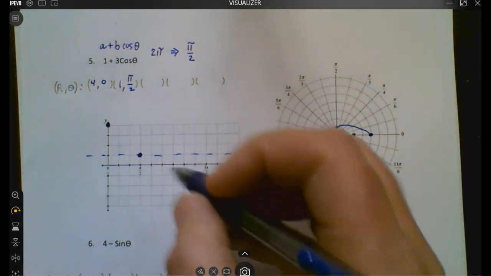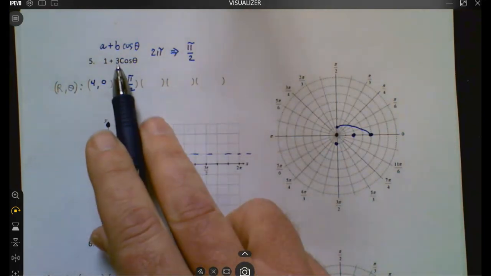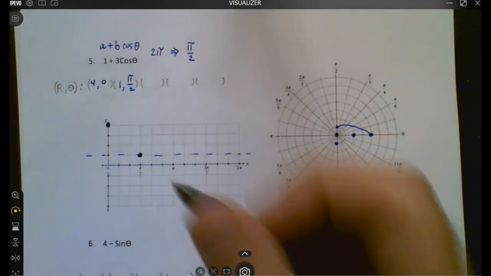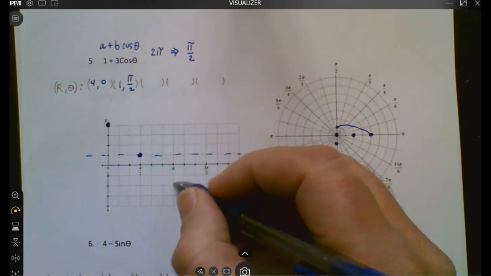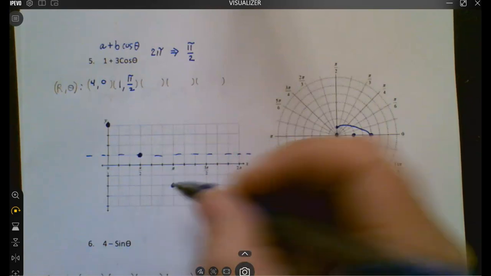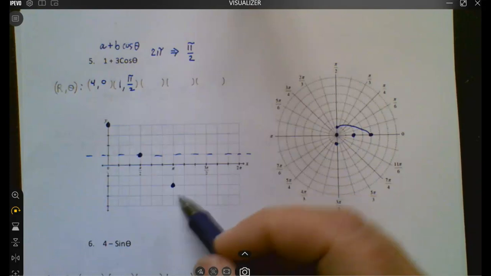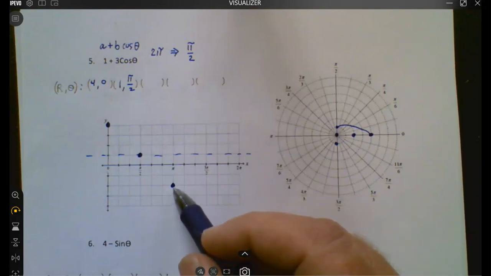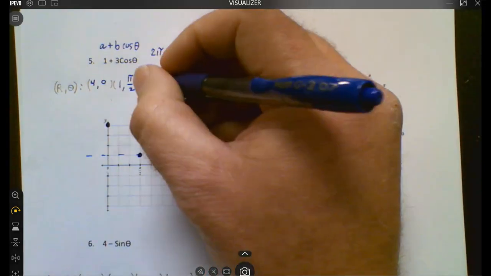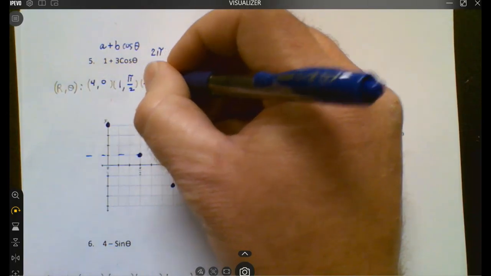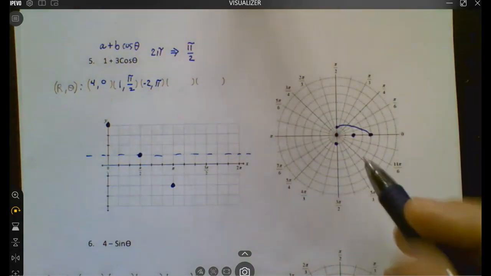Let's keep going. From there, we now go below the midline, so 3 units below. So 1, 2, 3. So at pi, we have our radius down here at -2. So let's see where that goes.